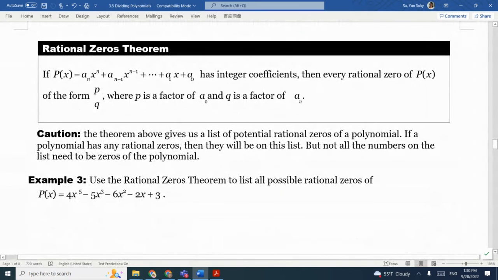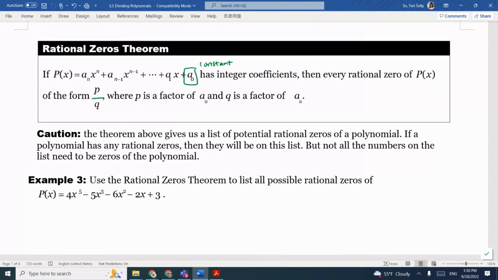Okay. All right. So next one, we have the rational zeros theorem. If p of x is a polynomial with integer coefficients, then every rational zero of p of x is of the form p over q, where p is a factor of the constant term a0, the constant term, okay?